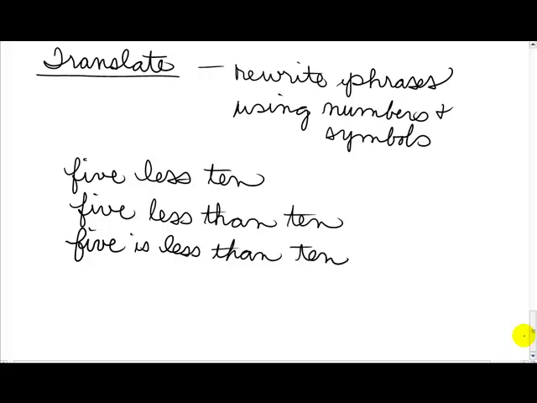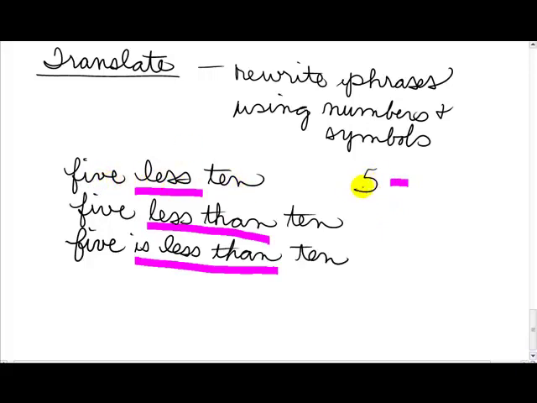Alright, so we've got 5 less 10, 5 less than 10, and 5 is less than 10. So let's kind of focus on these words. Less than, is less than. 5 less 10. In this case, we're talking about minus, and we're going to go in the order that we've got it.